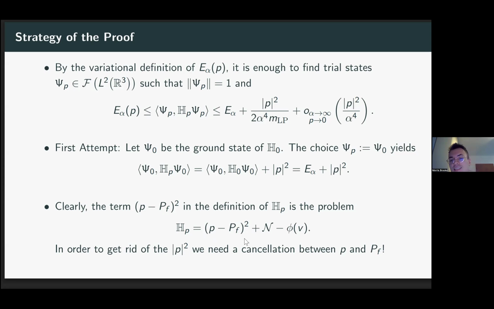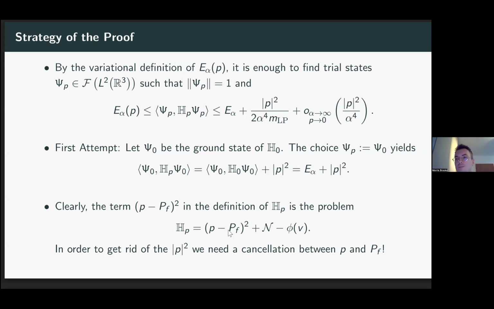Since this comes as a square, the only way to get rid of the p without a scaling is if there is a cancellation between the total momentum of the system and the momentum of the field. So now, at least formally, we know what we have to do. We have to look for a cancellation between total momentum and field momentum.